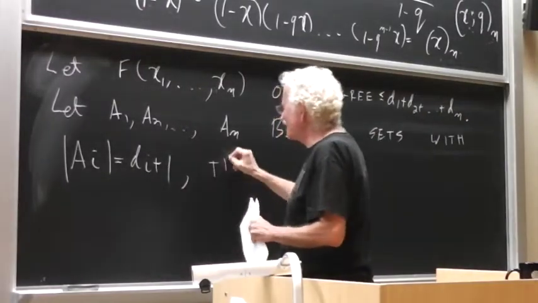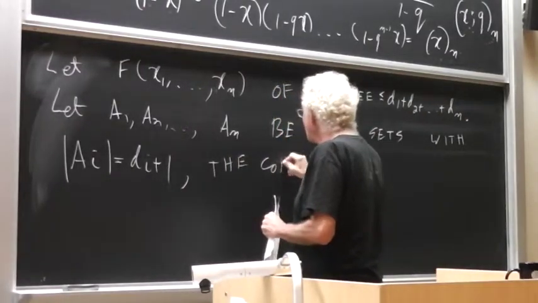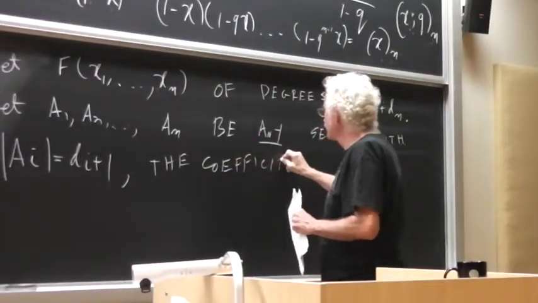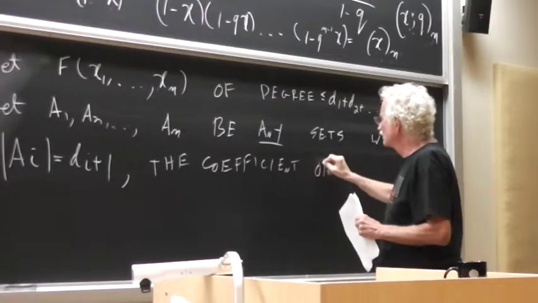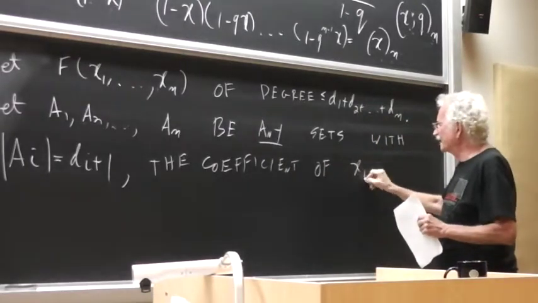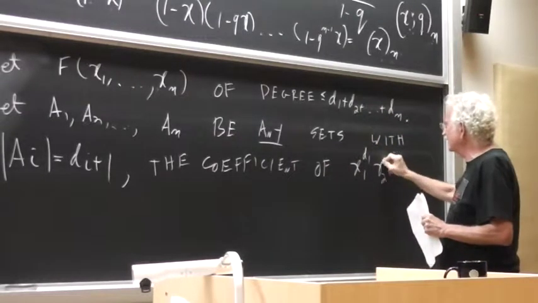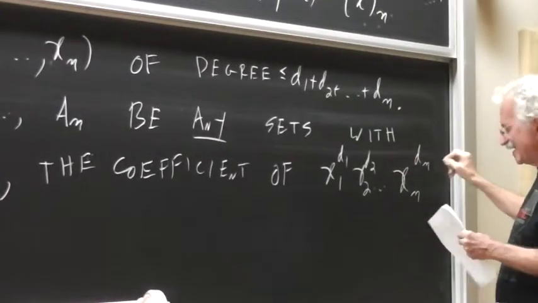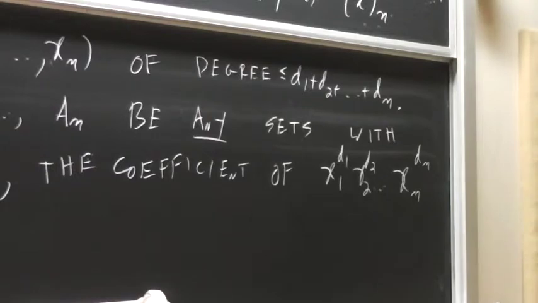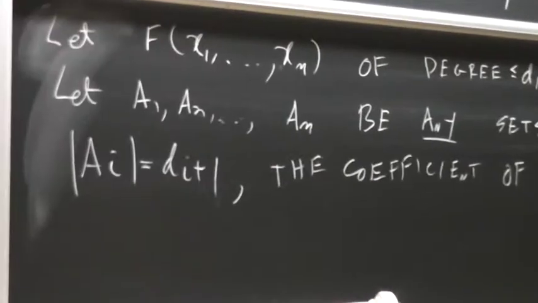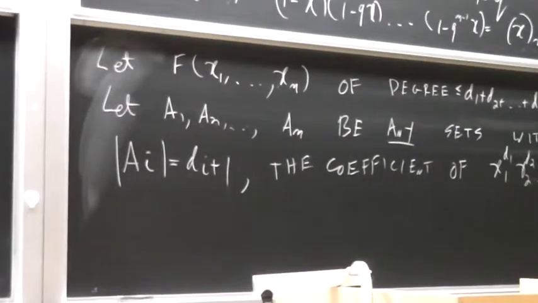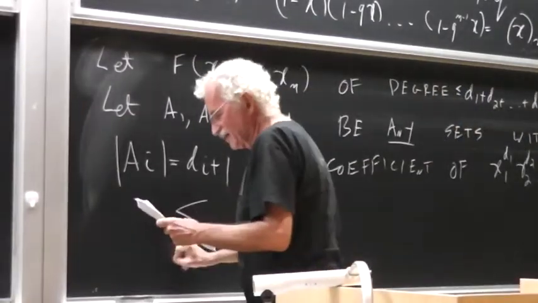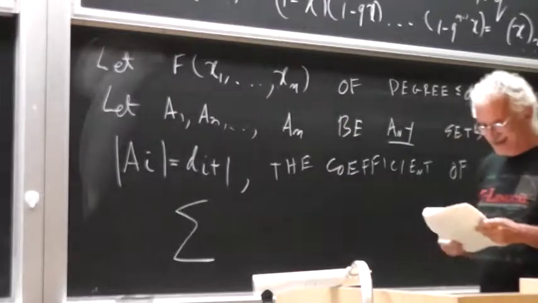Now, the coefficient, so it already looks relevant. The coefficient of x1 to the power d1, x2 to the power d2, ..., xn to the power dn, is given by an ugly, horrible expression as follows. A huge, huge multisum.